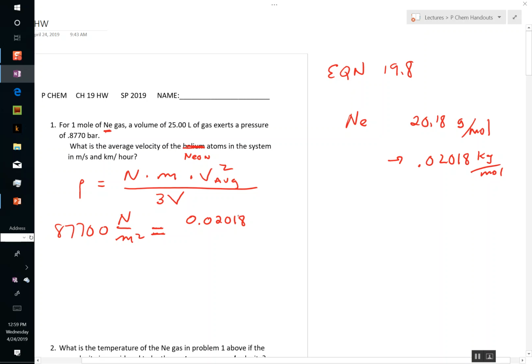This is a pressure, so it's newtons per meter squared. The units really, we've got too many small m's. There's probably about 3 or 4: molality, mass, meters. It's too many small m's.